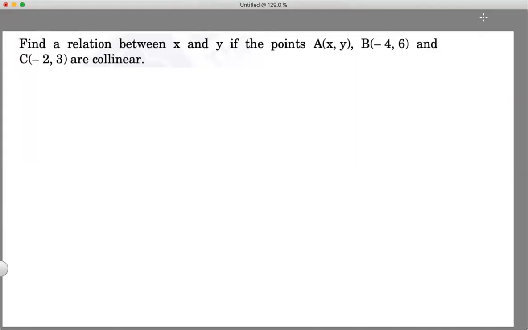Find a relation between x and y if points (x, y), B and C are collinear. Okay, so obviously you can do it using the distance formula or also the section formula, right? We can do it using those. Okay, but slightly longer calculations will be involved.